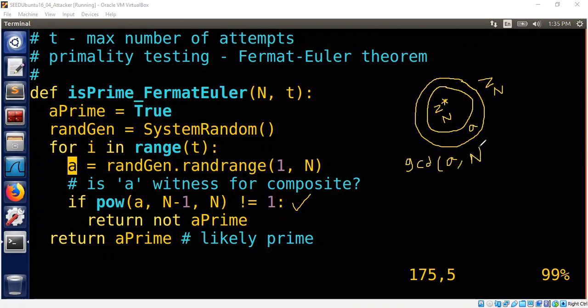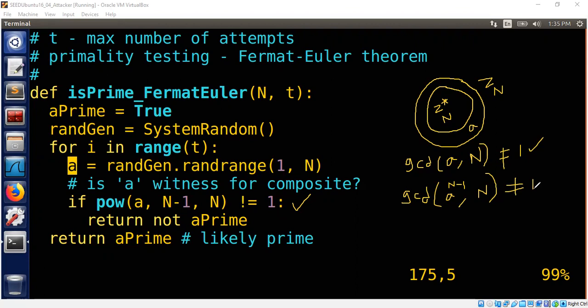Now we can apply the basic properties of GCD and say that the GCD of a^(n-1) and n must also be not equal to 1. If an element is outside Z star n, then this element a will satisfy this property. If I now raise a to the power n minus 1, basic math of GCD tells us that the GCD is still not equal to 1.